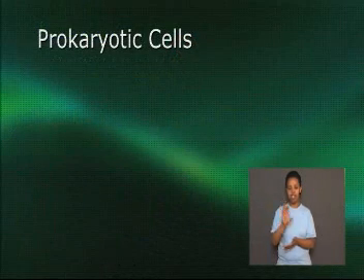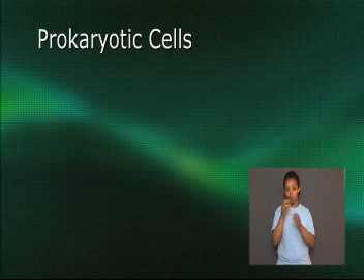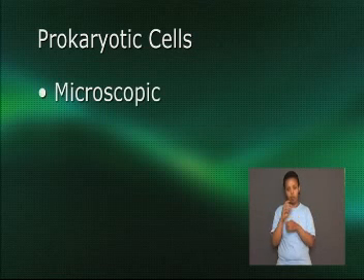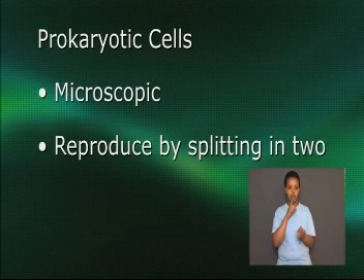Prokaryotic cells cannot be seen by the naked eye. They can only be seen using a microscope. Prokaryotic cells reproduce through binary fission. This means they split in two, which is asexual reproduction.